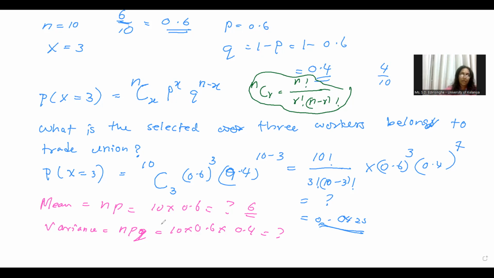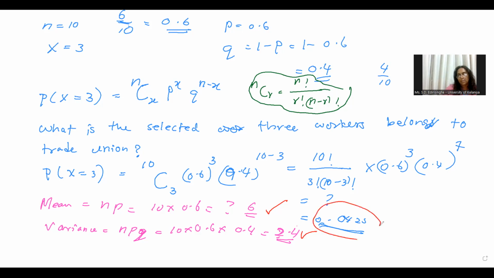So what is the answer there? 2.4, no? Right. That is 2.4. Mean here is 6 and the variance here is 2.4.